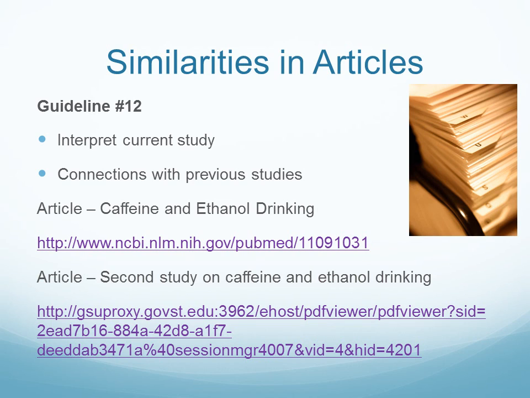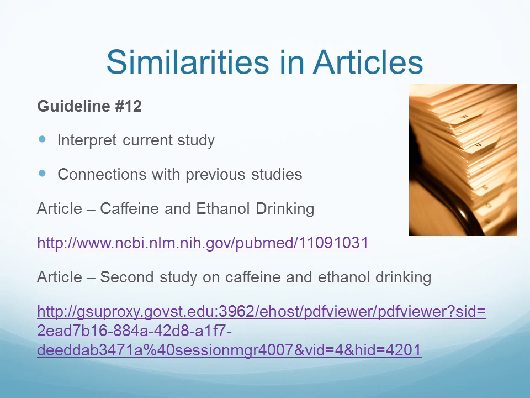So then if you pull up the second article, again, a study on caffeine and ethanol drinking, but portions of this study were included in the article that was published at a later date. The second study used the prior research of that first article to further demonstrate their point.